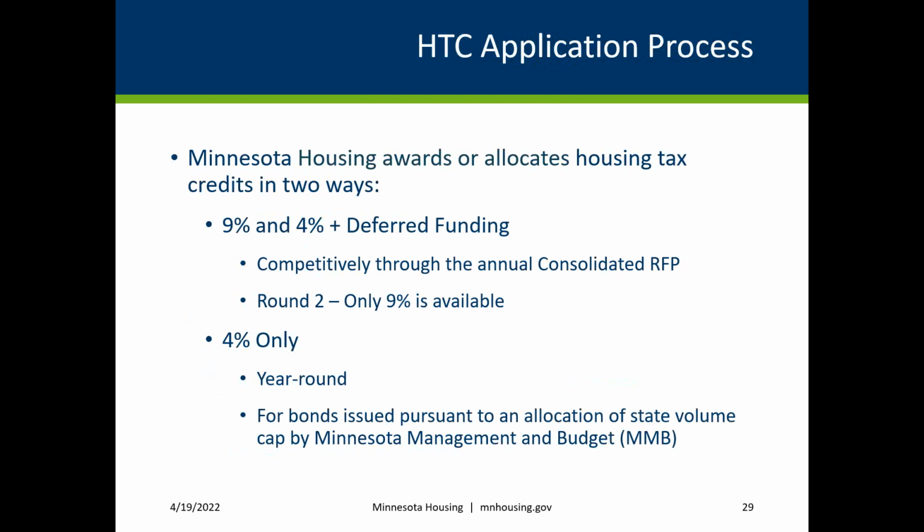MMB is the primary apportionment agency for the allocation of tax-exempt volume limited bonds, and these bonds issued in an amount sufficient to finance at least 50% of the basis of the development costs allow a development to access 4% tax credits. So upon receipt of just the 4% credits from Minnesota Housing, these projects are able to close without needing additional deferred funding from Minnesota Housing. All right, next slide, please.